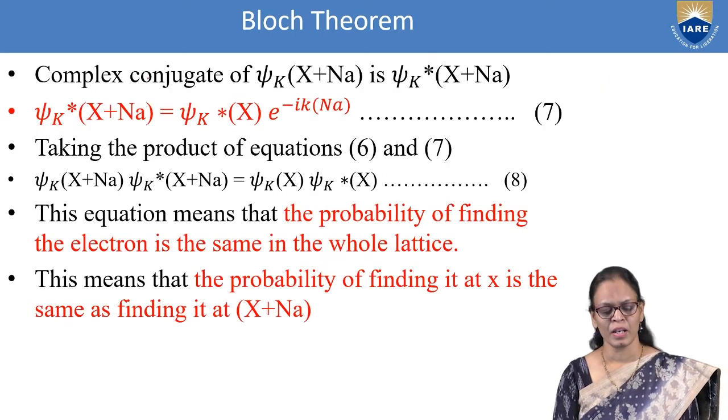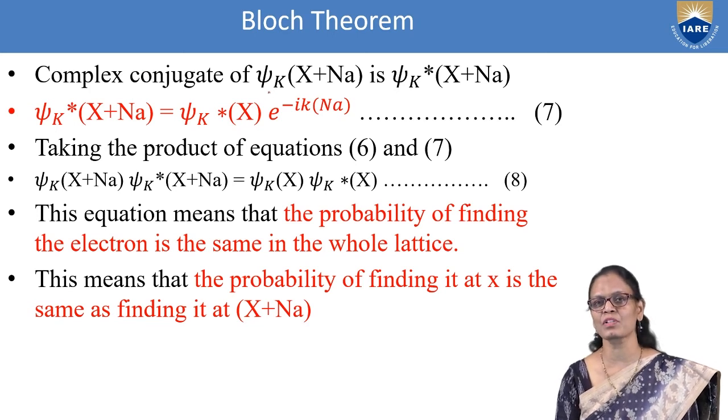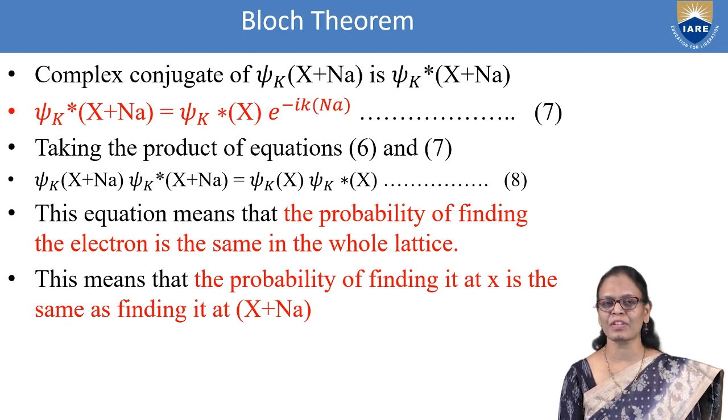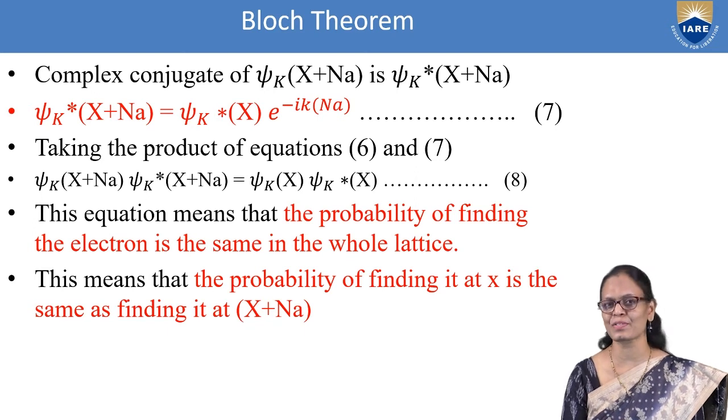Now, let us take the complex conjugate. Why do we need to take the complex conjugate? As such, the wave function does not have any physical significance, and using it you cannot locate the particle. If you have to know the probability of finding the electron anywhere, you need to normalize it, that is, you have to multiply it with its complex conjugate.